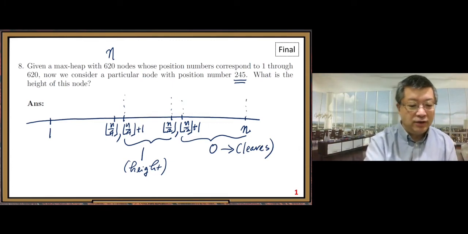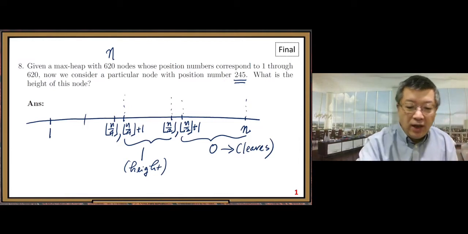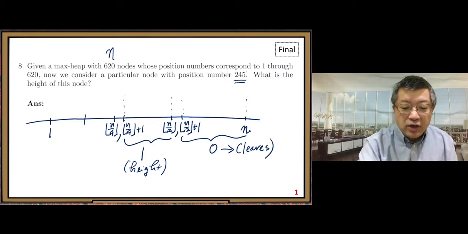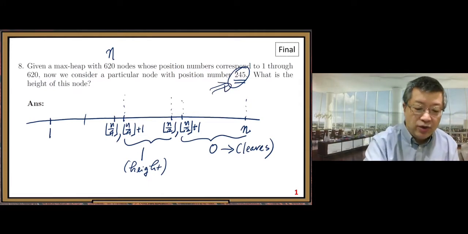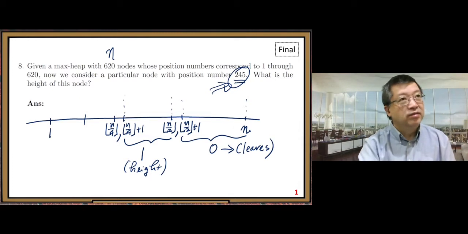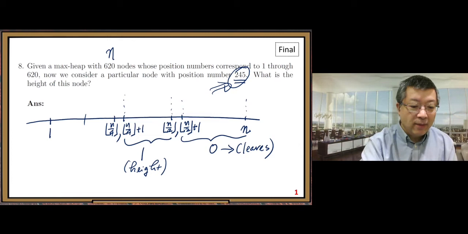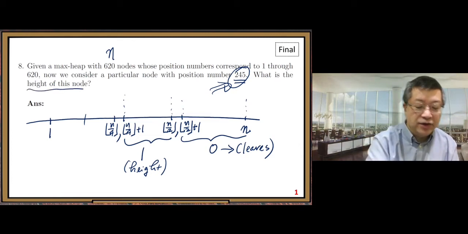Okay, and so on. So you can go level by level. Here, you need to look at which segment covers this position number, 245. The height of that segment is the answer. What is the height of this node?